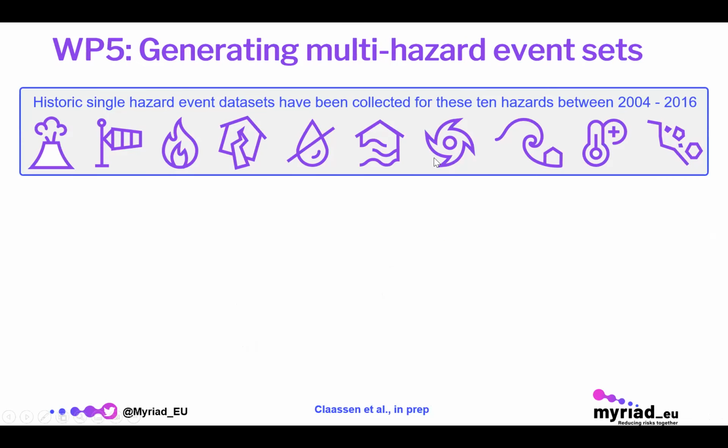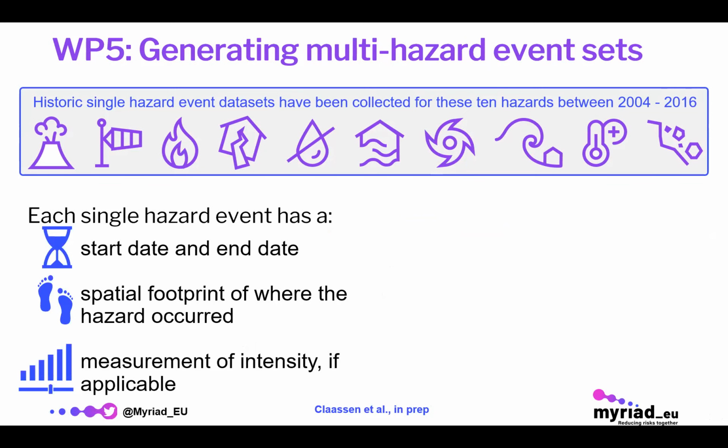In work package 5, one thing I want to mention is a very exciting piece of work that one of our PhD students, Judith Klaassen, is working on. Actually, she's trying to use historic single hazard event data sets to develop a multi-hazard event data set of the past.